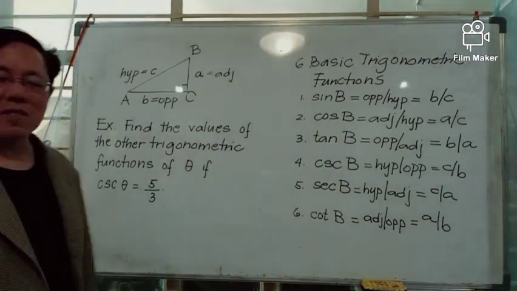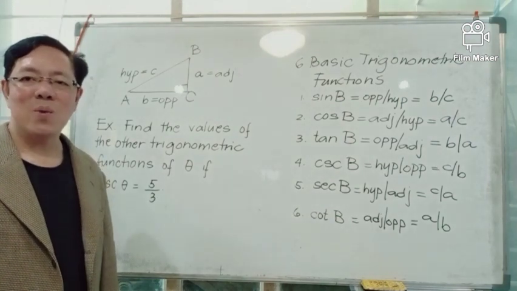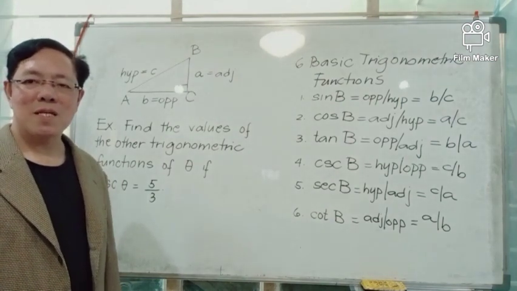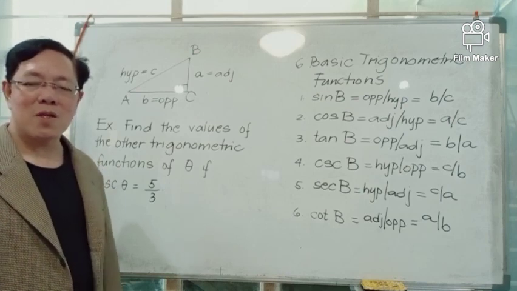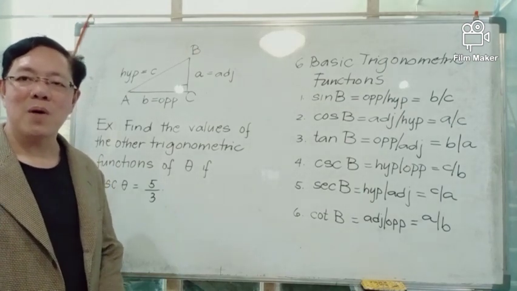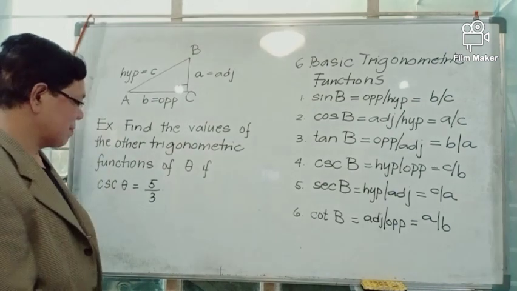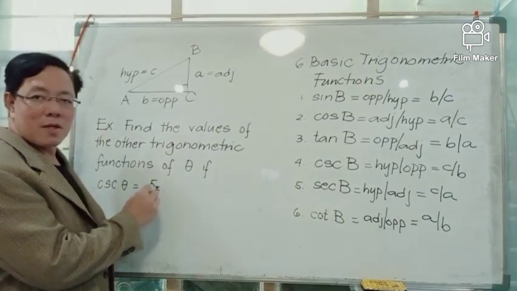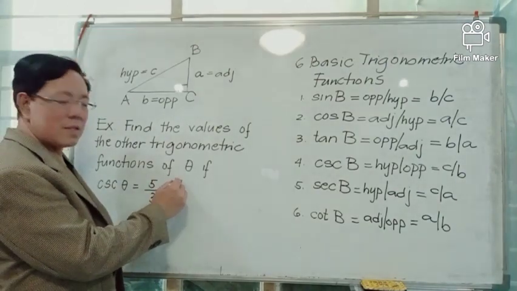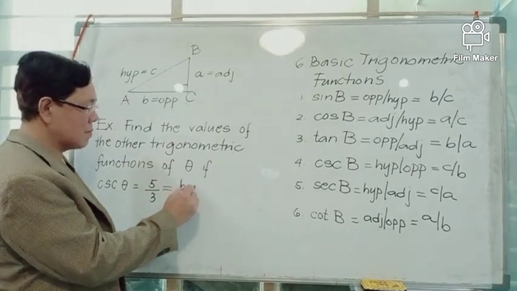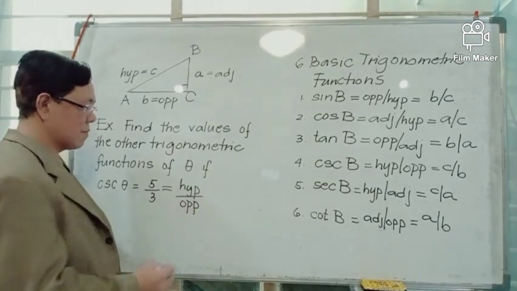We know that cosecant is the reciprocal of sine, and sine is equal to opposite over hypotenuse. Thus, the reciprocal of opposite over hypotenuse is hypotenuse over opposite. So this ratio 5 over 3 is the ratio of the hypotenuse over opposite.